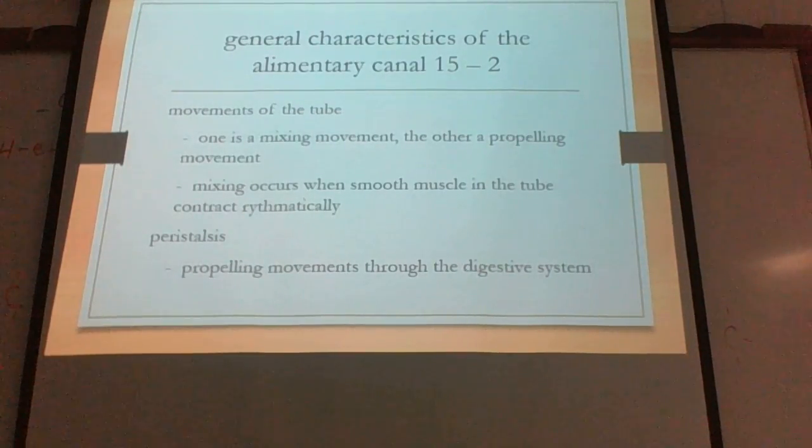Because as this is mixing and moving through your intestines, this mixing increases the surface area and allows you to break those materials down so you get the most benefits from your diet.